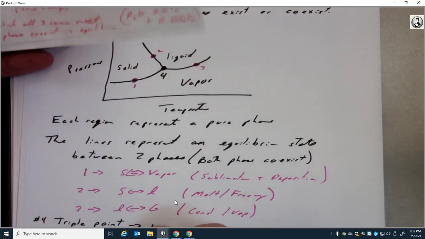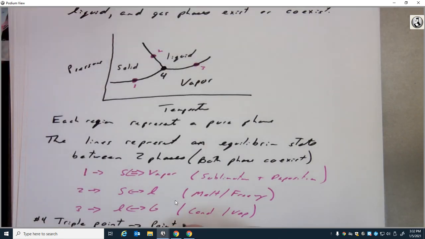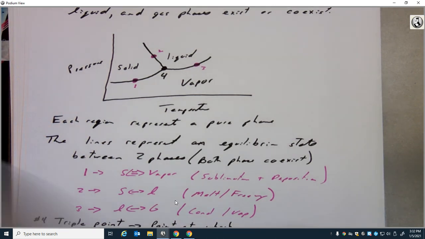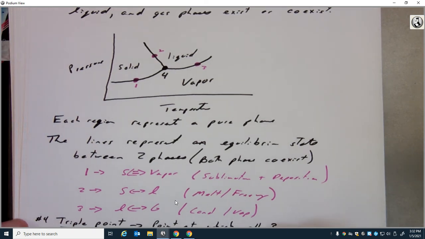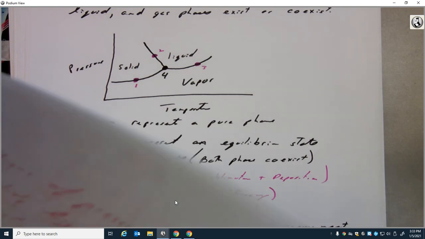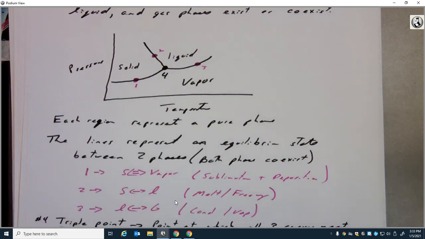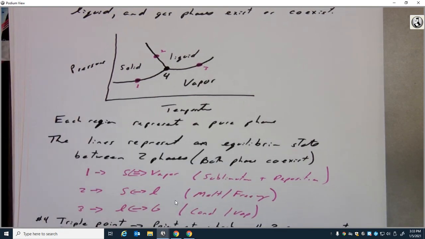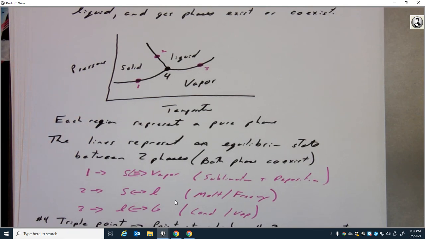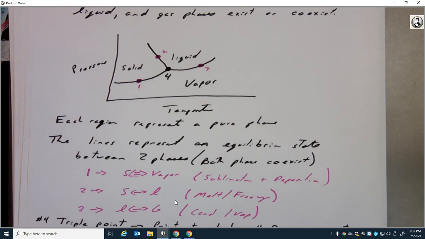This is the point at which all 3 curves meet. At the triple point, all 3 phases coexist.